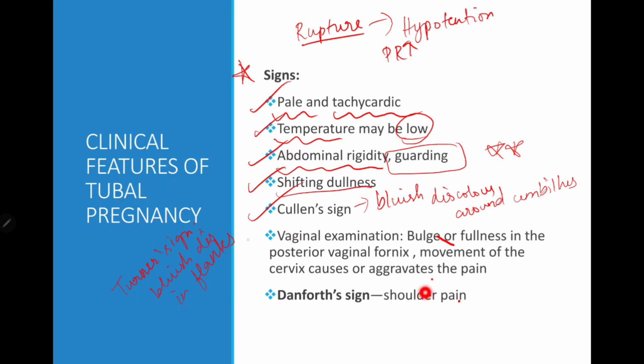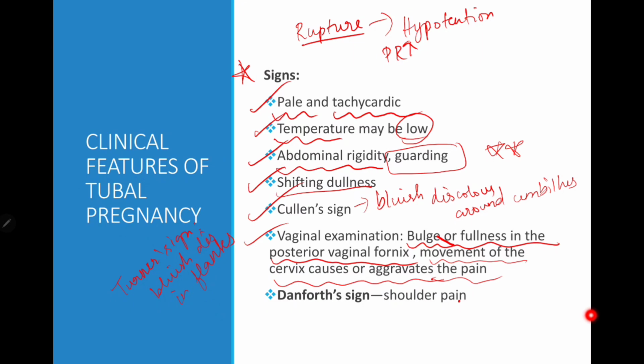Under vaginal examination, there is a bulge or fullness in the posterior vaginal fornix. That is, the pouch of Douglas is going to be boggy because there is intraperitoneal hemorrhage. And movement of the cervix is very important.